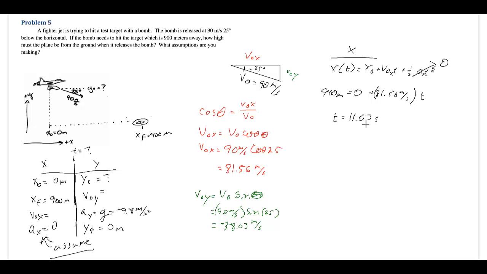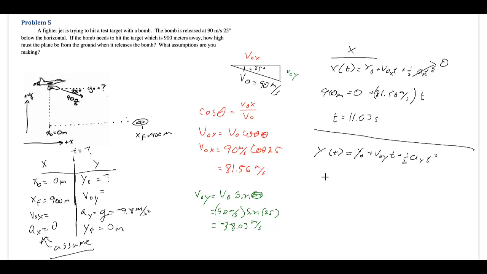Now, taking this information and plugging it into the y position as a function of time equation, which is y of t equals y initial plus v initial y t plus 1/2 a y t squared. Plugging in here, we don't know what y naught is.